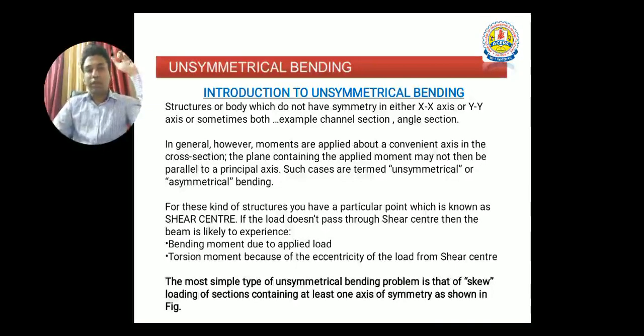So there are two cases in which unsymmetrical bending can occur. First, when the symmetric axes, x-axis and y-axis, are not present. And the second case is when there is skew loading.